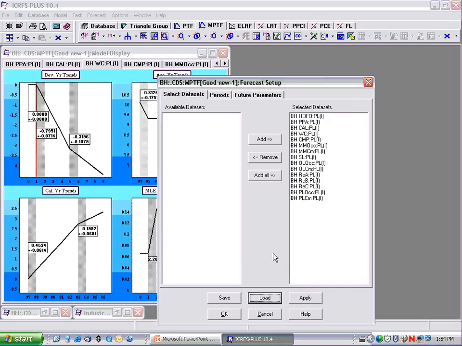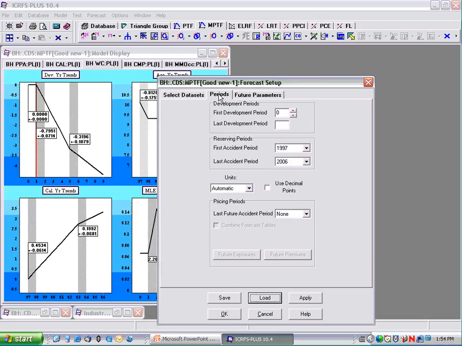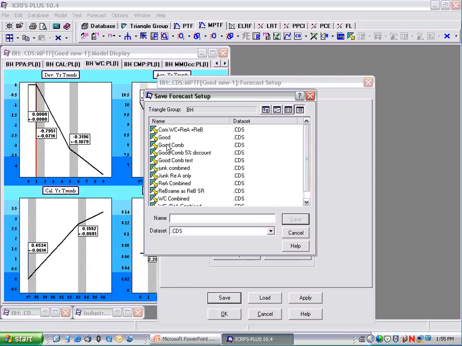Load. Now let's also forecast for the next underwriting year and create the combined table of reserve plus next year's underwriting, so we can also compute the underwriting risk and compare it to the reserve risk. Let's now save this. Why don't we save it as good, new, combined?